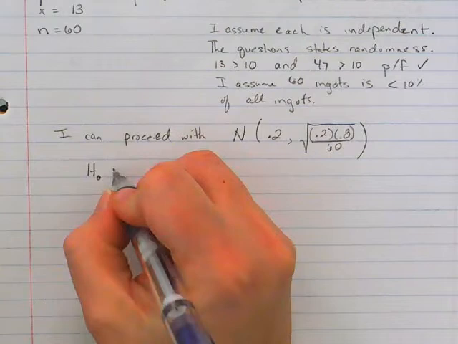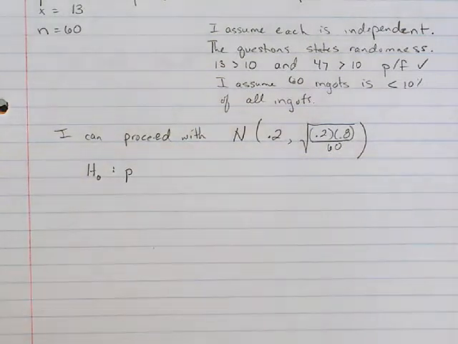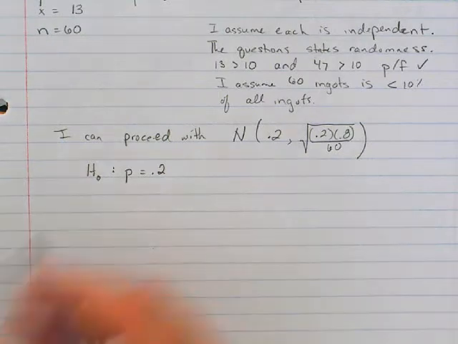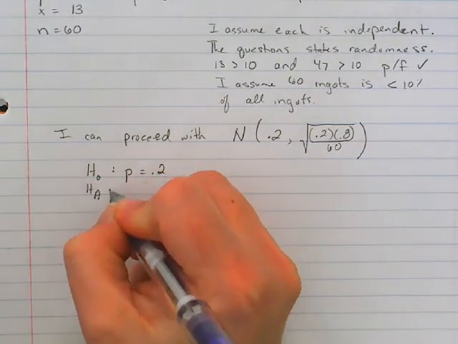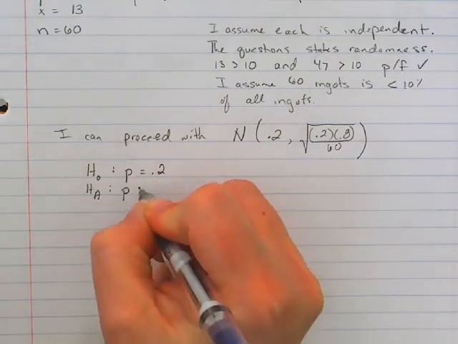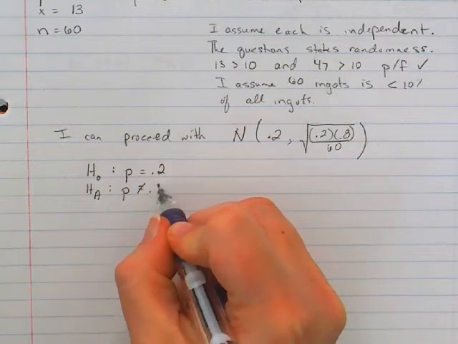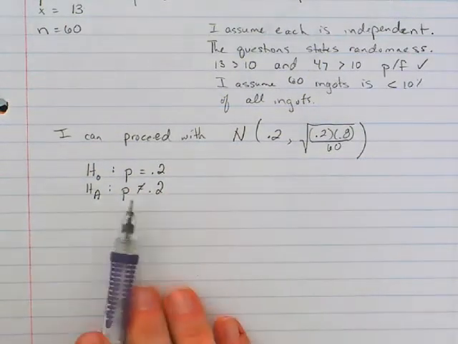My null hypothesis is that the proportion of cracked ingots is actually 20%. My alternative hypothesis will be that the proportion of cracked ingots is not 20%.